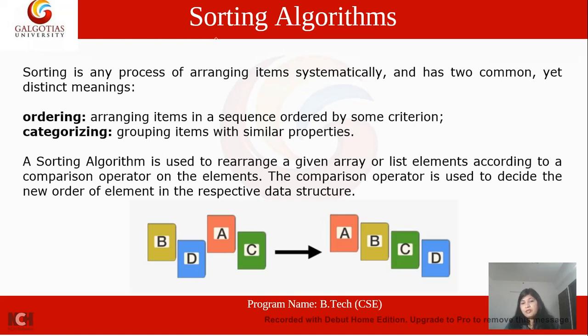So we will be using either less than or greater than conditions to swap positions and make a sorted list or array. The comparison operator is used to decide the new order of the elements in the respective data structure.